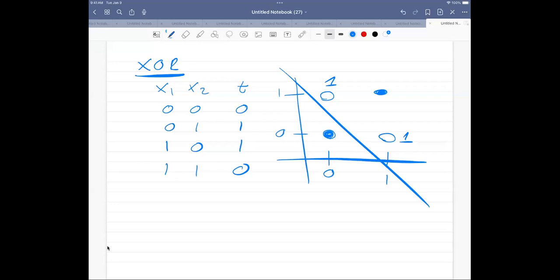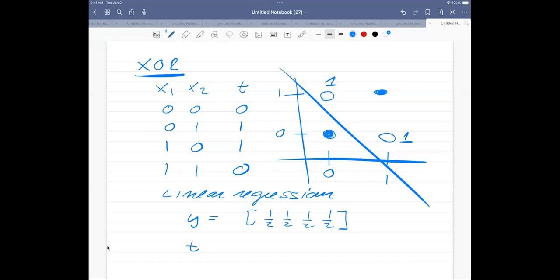So if I insist on my linear regression, what I would get as prediction, if I do my standard linear regression, as we did with the OR gate, is a prediction y which is equal to 1/2, 1/2, and 1/2, which sounds reasonable because it just goes in the middle.